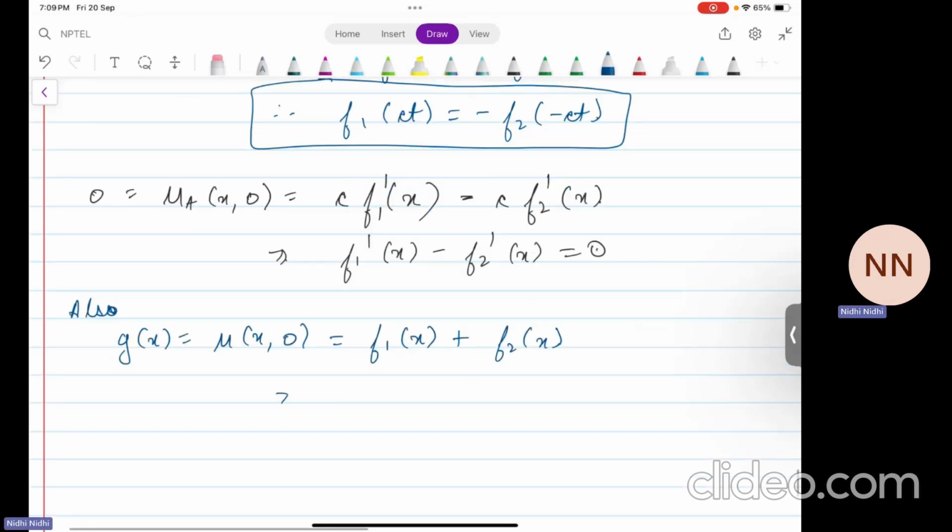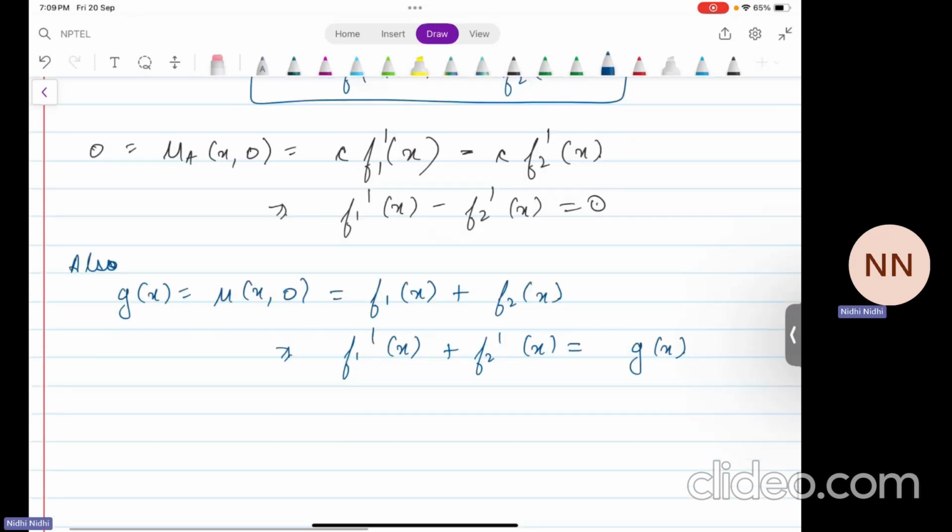From here we get f1 dash x plus f2 dash x is equal to g dash x. Also we have f1 dash x minus f2 dash x is equal to 0.